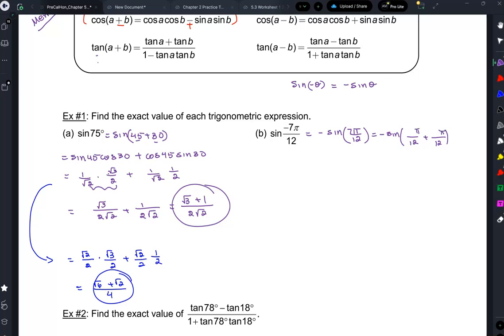So now, I need two numbers that satisfy two conditions. One is the two numbers have to add to 7. Second, when I put them here, they need to reduce to special angles. So again, because I'm a methodically minded person, I do this very systematically.